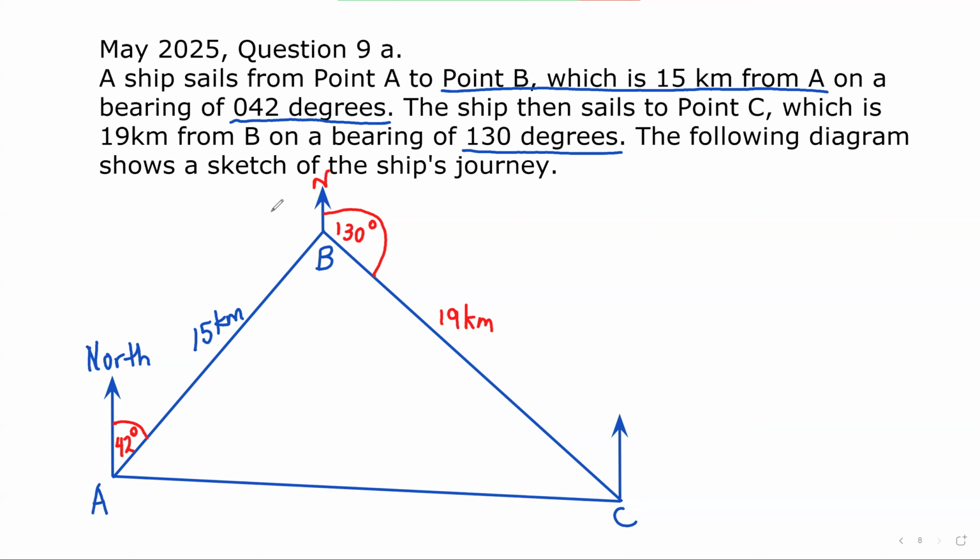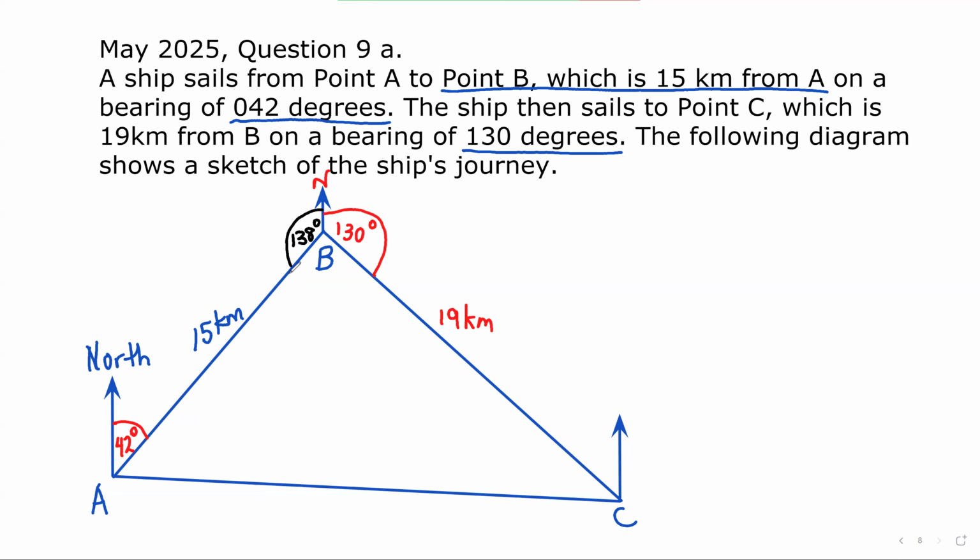So that means this angle on the outside here, plus 42, makes up 180 degrees. So I can find this angle by saying 180 take away 42, and that gives me 138 degrees. And then, of course, those 3 angles are around a point.